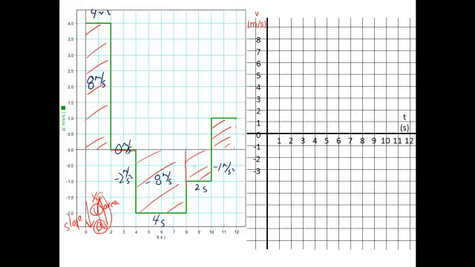So 2 times -1 gives me -2 meters per second. And likewise here, I've got a base of 2 seconds and a height of 1 meter per second squared. So that gives me an area of 2 meters per second. So these are the values we will be using.